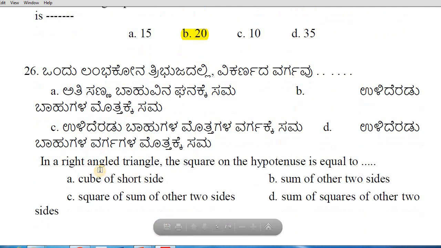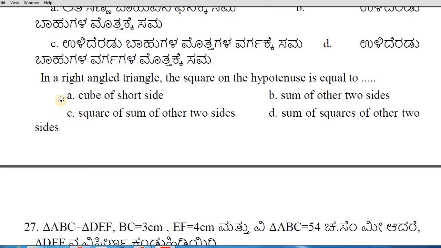Next, question number 26. In a right angle triangle, the square on the hypotenuse is equal to. So it is the Pythagoras theorem statement. Given options are cube of short side, wrong. Sum of other two sides: they are talking about the sum of other two sides, you may be in confusion, so it is also wrong.